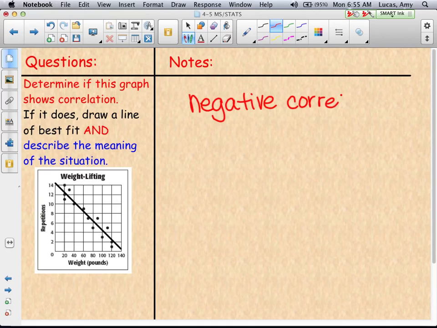So we will just go with negative correlation here. And describe the meaning. It says weight in pounds and the number of repetitions, and it's called weightlifting. So this is telling me that the more weight that you're lifting, the fewer repetitions you are able to do.